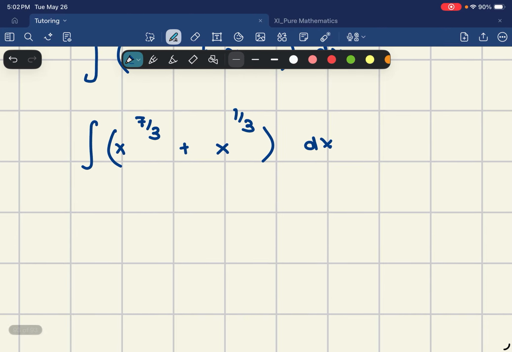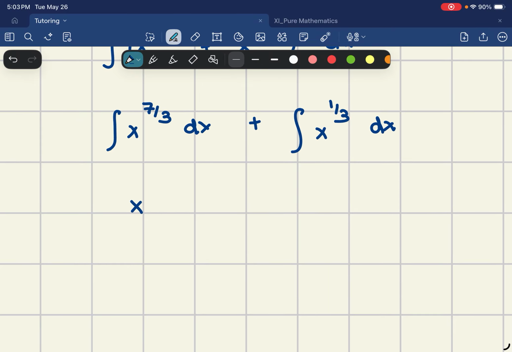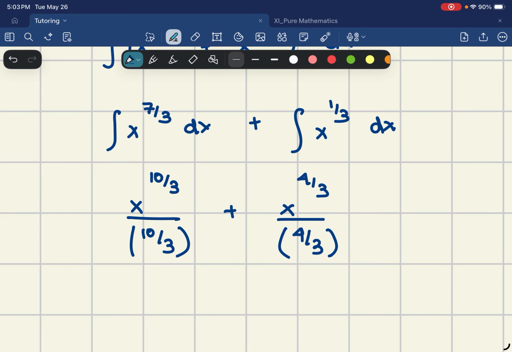So I'm going to leave the addition to you. 2 plus 1 over 3 should be 7 over 3. Alright, so now I can integrate this individually with respect to dx. Do not forget your dx. And now you raise your power by 1. So 7 over 3 plus 1 is going to be 10 over 3, and you divide by your new power. It's going to be 4 over 3 divided by 4 over 3. Plus c.